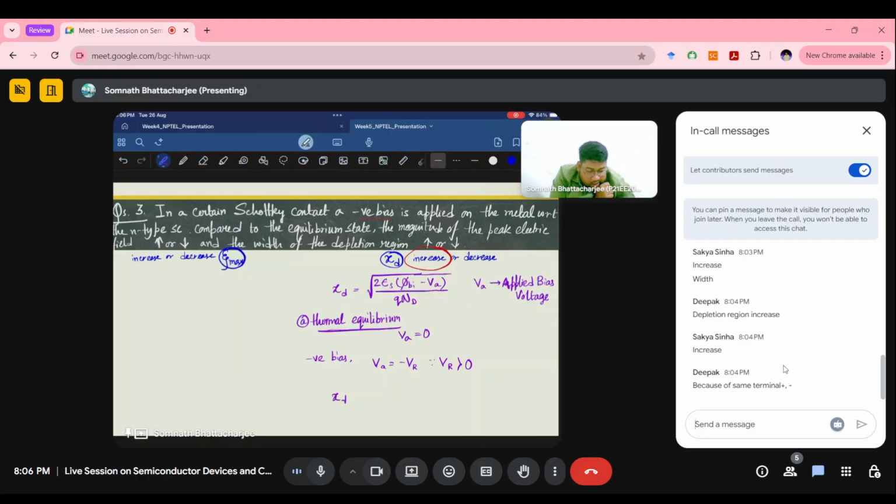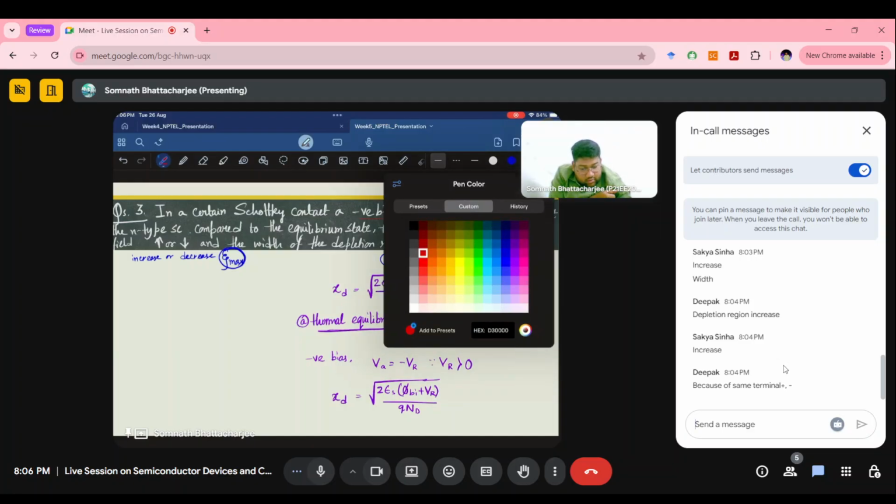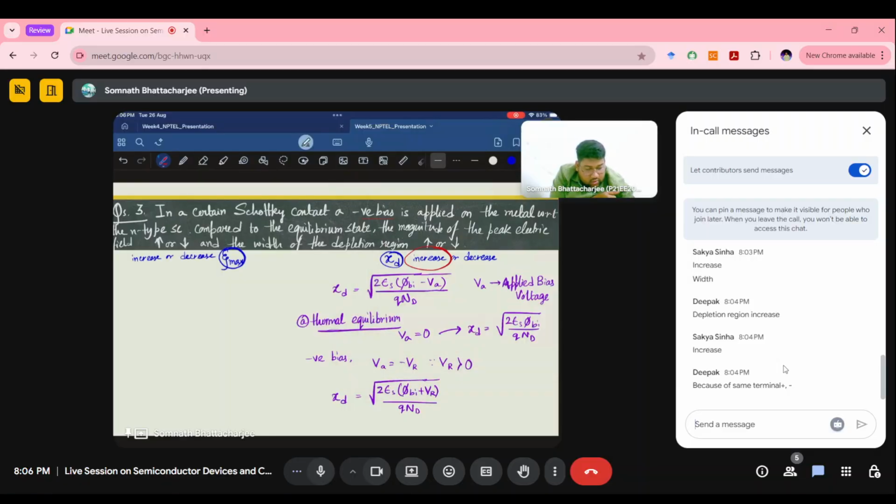So we can write it like this, root over 2 epsilon s psi of Vi plus VR divided by q N D. And in this case, it was xd as root over 2 epsilon s psi Vi divided by q N D. So obviously it's increasing, right?